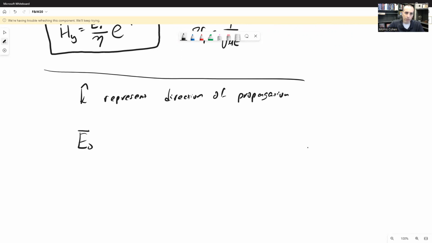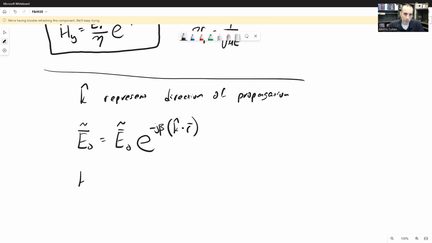The electric field as a vector will equal the value at the origin as a phasor times e to the minus j beta times k hat dotted with r, where r represents a vector pointing to the location where we want to calculate the electric field.